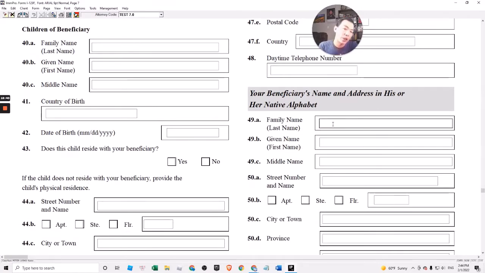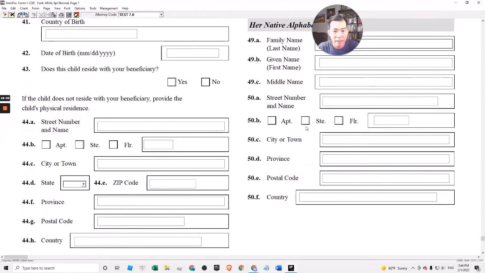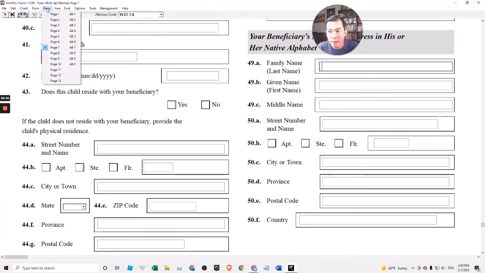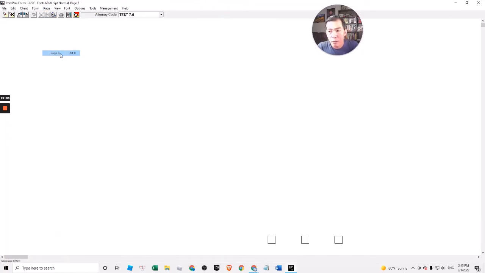If your fiancé's name and address are in his or her native alphabet, because we use the ABC, the Latin alphabet, if your fiancé has a different type of alphabet, try your best to put it here. For example, in Cambodia or Thailand, they don't use the ABC like America or other countries. So page number 8.